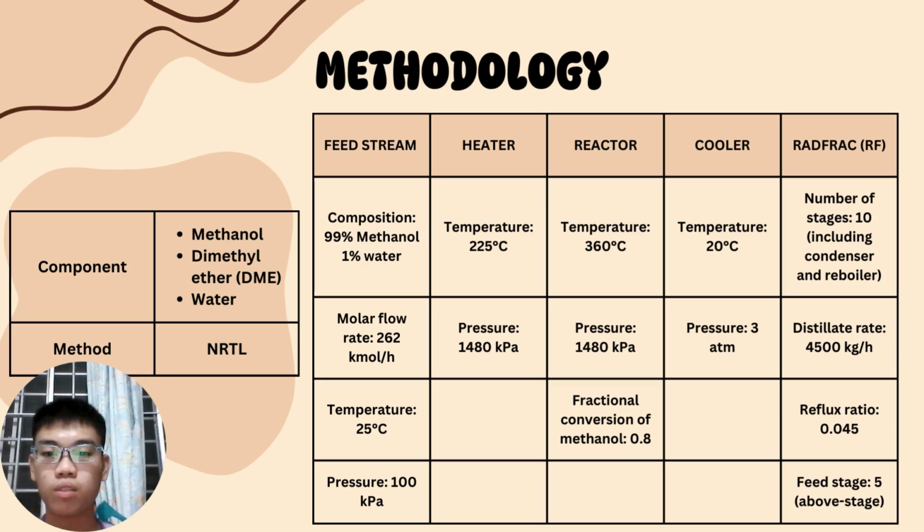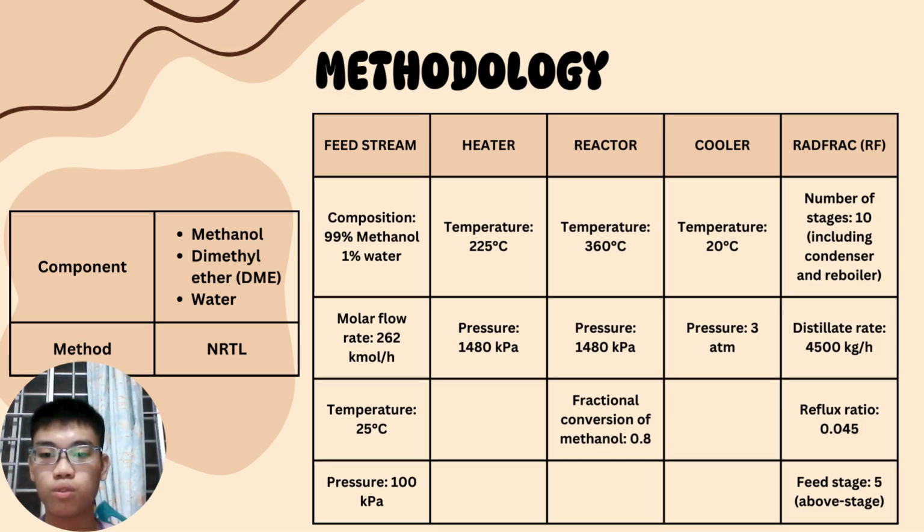In this simulation, there are three components, which are methanol, dimethyl ether, and water. The property method chosen was NRTL, non-random two-liquid. In this simulation, the feed stream contains 99% methanol and 1% water, which has a molar flow rate of 262 kmol per hour with a temperature of 25 degrees Celsius and a pressure of 100 kilopascal.